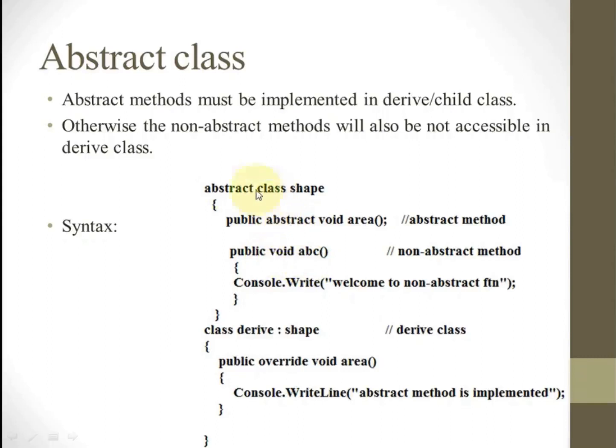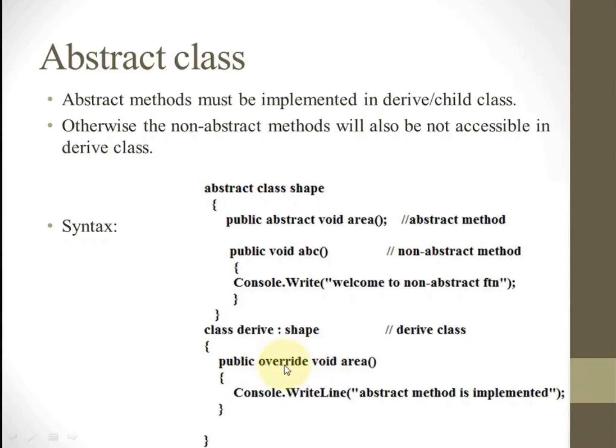Number one, the abstract class should be derived within the child class, and after this implement the abstract method, that is public, then void, the return type void, the same name, area, again area, and before the return type we have a new keyword, which is the override keyword.